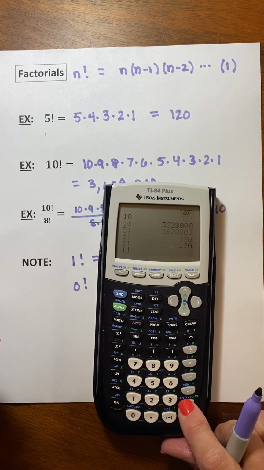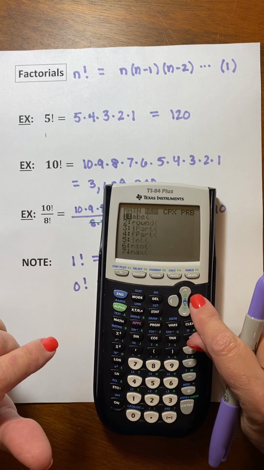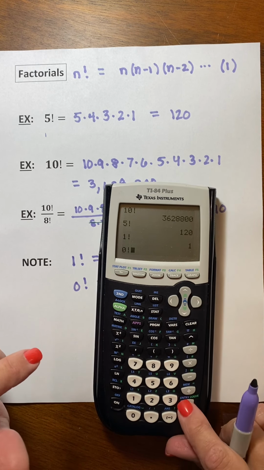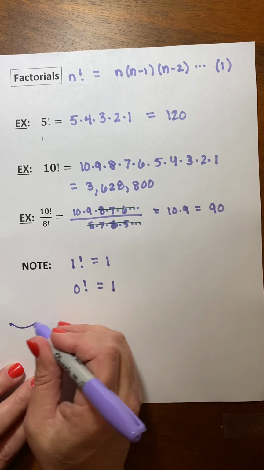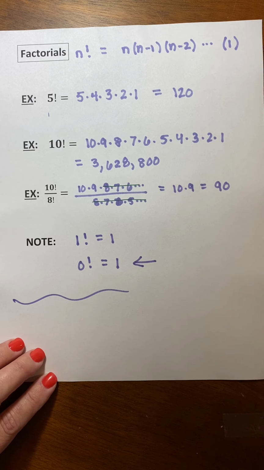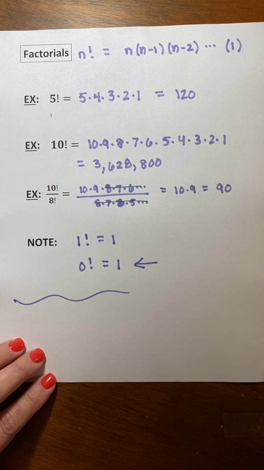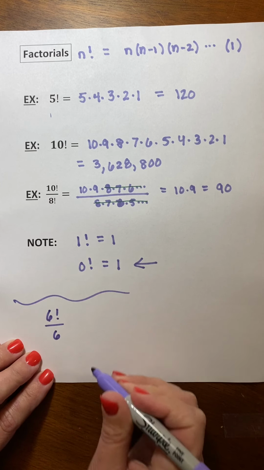My calculator is going to tell me it's 1, and then I'm going to do 0 math factorial. And it's going to give me the value of 1 also. So where does this 1 come from? Let's see if we can see why they decided to call 0 factorial 1.